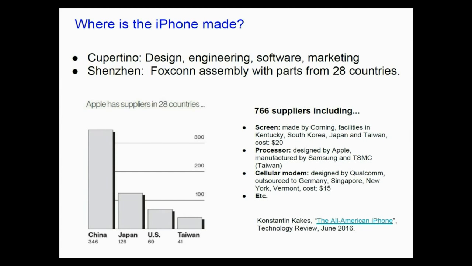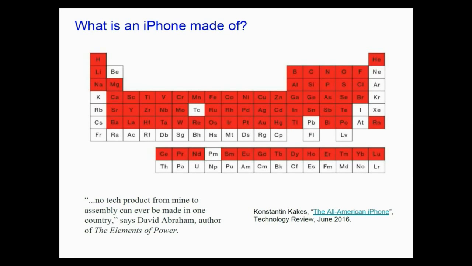And the next one, I have to say, it's just so wild and crazy. Do you recognize that? That's a periodic table of the elements, which you may remember from high school chemistry. And it shows all the elements that are in an iPhone. And as this author says, no tech product from mine to assembly can ever be made in one country because you don't have the raw materials to make it in a single country.